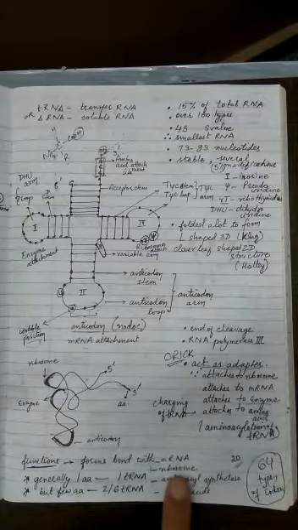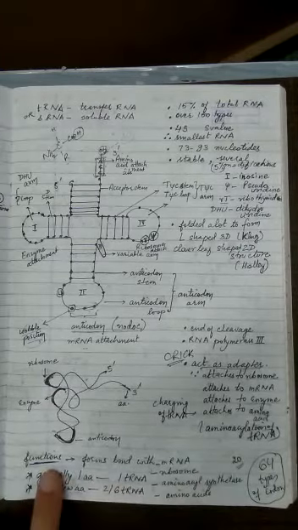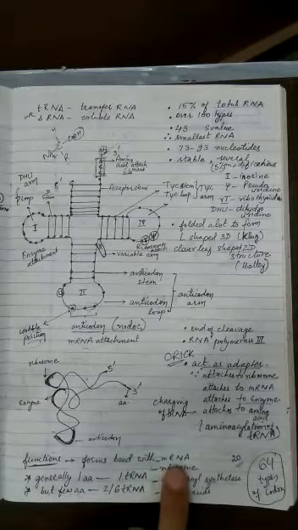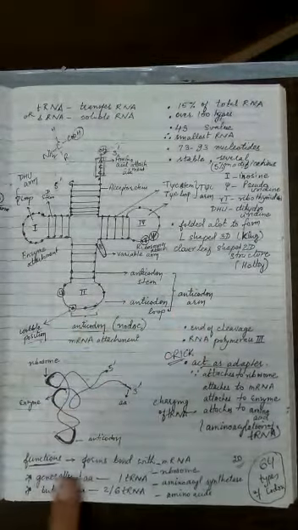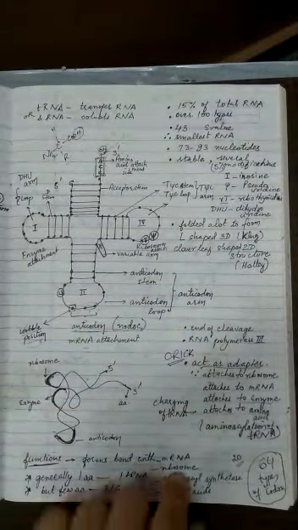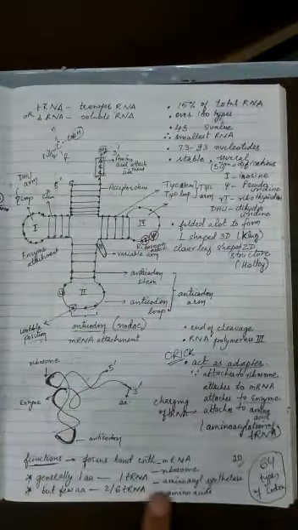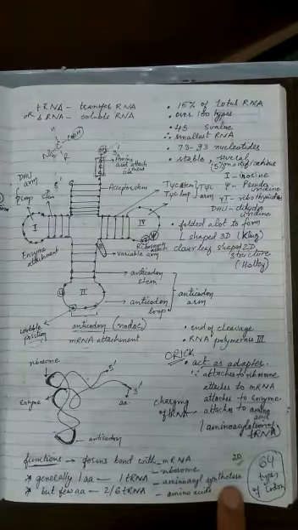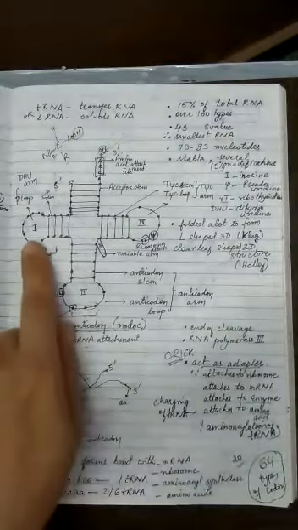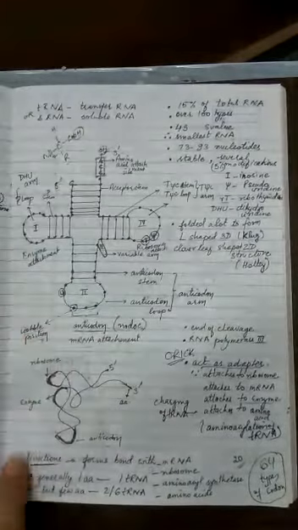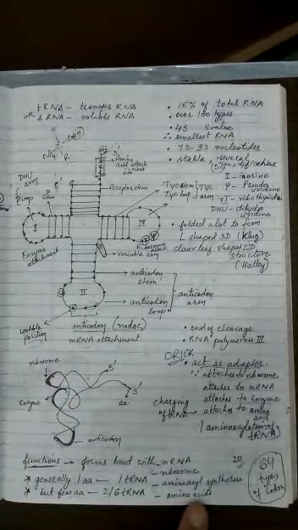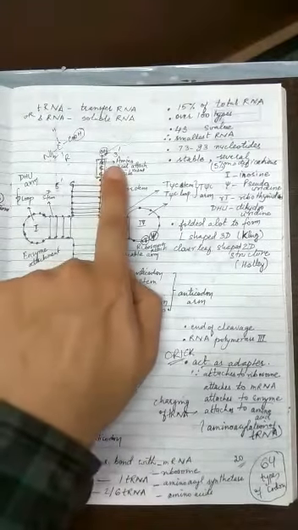Now remember, function of the tRNA is to attach with the messenger RNA with the help of the anticodon arm. Its function is to attach with the ribosome with the help of the T-Psi arm. Its function is to attach with the amino acyl synthetase enzyme with the help of the DHU arm, and its function is to attach with the amino acid at its 3' end.